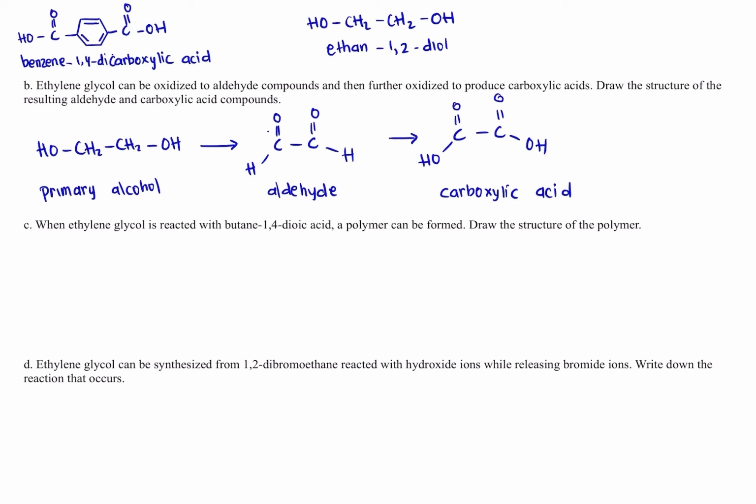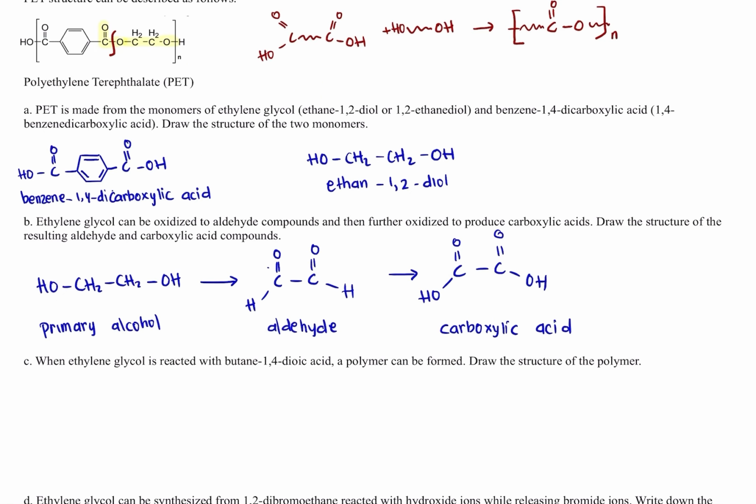Okay, so we have ethylene glycol, and then we have the butane-1,4-dioic acid. Okay, so here we have butane-1,4-dioic acid. So we have basically 4C here, and then 1,4, that is the position of the carboxylic acid.